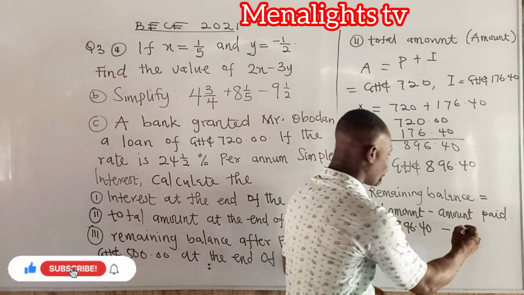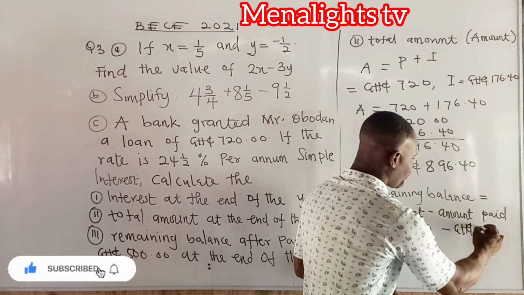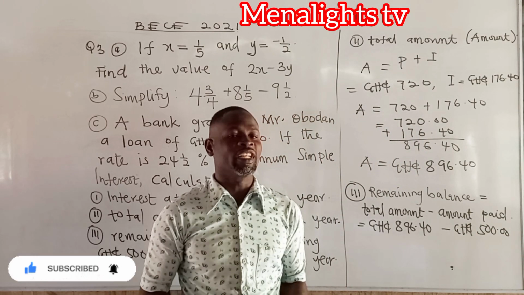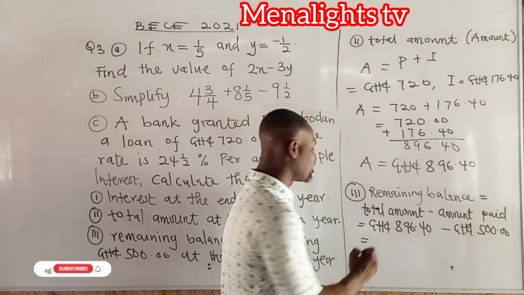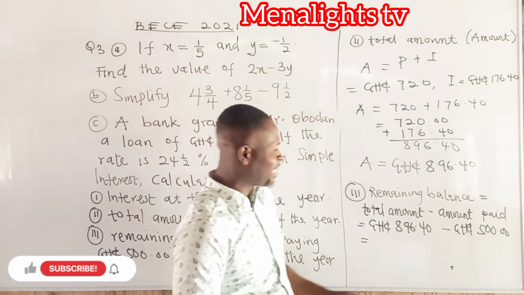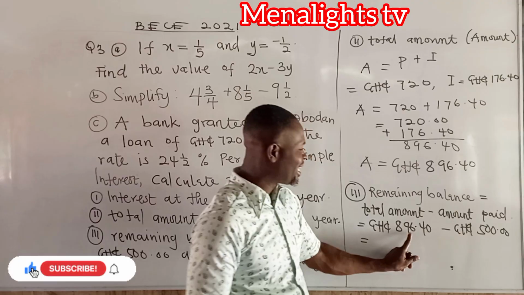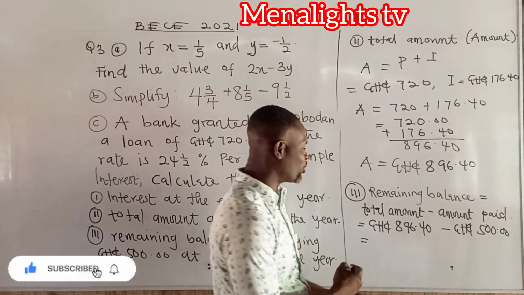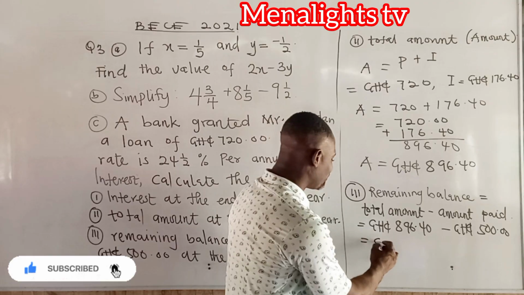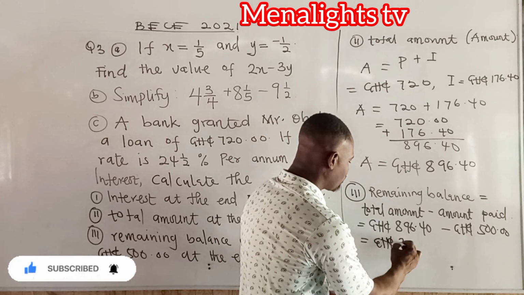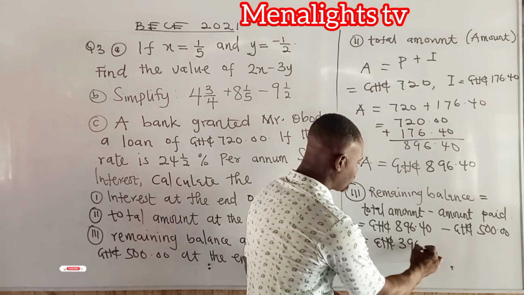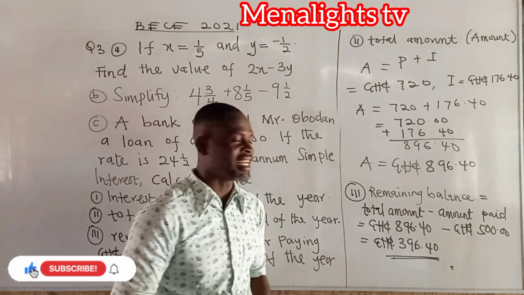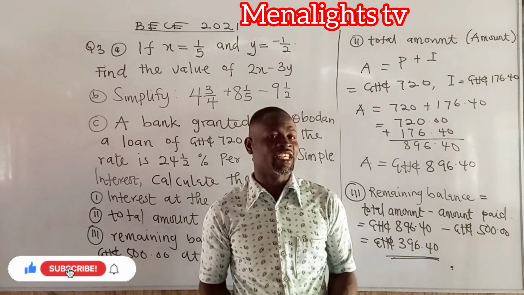So he paid 500 cedis only to the bank. So the balance remaining will be 896 cedis, 40 pesos minus 500 cedis. So the difference there is 396 cedis, 40 pesos.